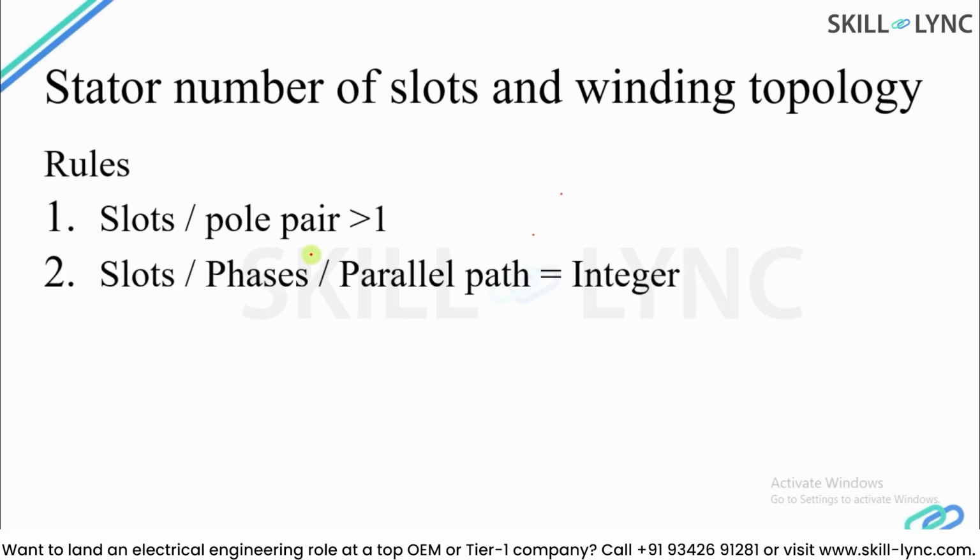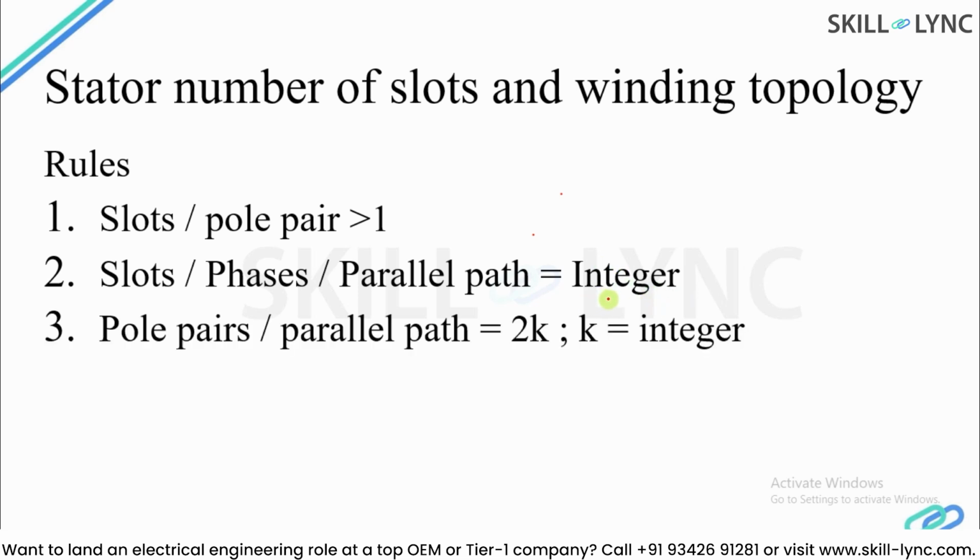The second rule is slots per phase per parallel path should be an integer number. So if you are choosing the number of slots and you have 3 phases for the motor, then the number of parallel paths and the slots should be chosen in such a way that it results in an integer number. It should not be a fractional number. The third rule is number of pole pairs divided by parallel path should be equal to an even number, so 2k, where k is an integer.